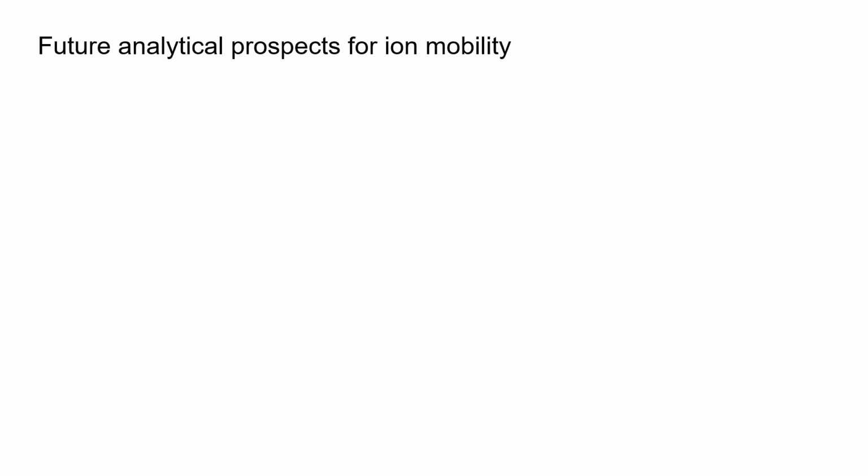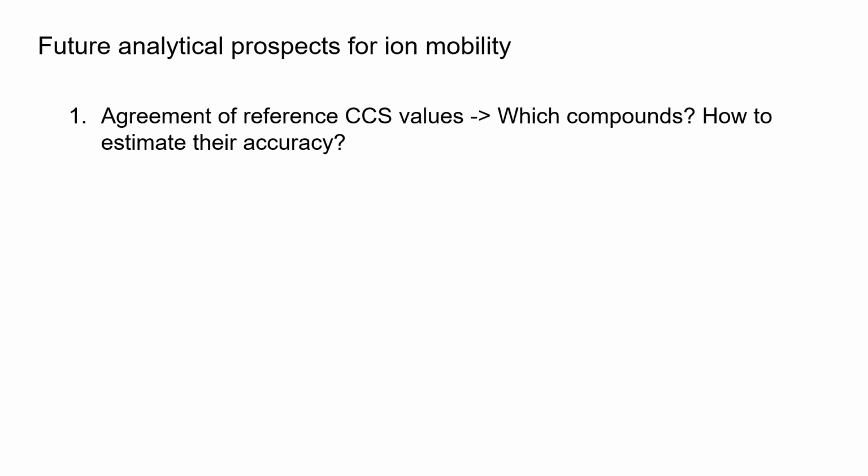And this leads us to postulate some conclusions or outlooks for ion mobility. The common agreement on reference standards is certainly needed if you want to fully make use of the increased precision of ion mobility instruments. The problem is which compounds, and how should we measure the accuracy of such values, given that the absolute true value is not known.